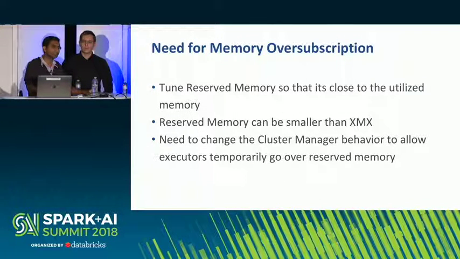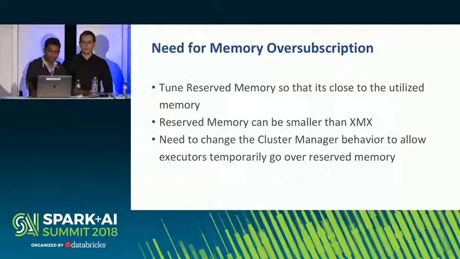If you are reserving less than the Xmx of the executor, it might lead to several side effects, like your executor might start using more memory, and then you might see some executor kill, or it might also make your cluster unstable. So it has to be done very carefully, and we'll talk about how we are doing the memory oversubscription later in the slides.